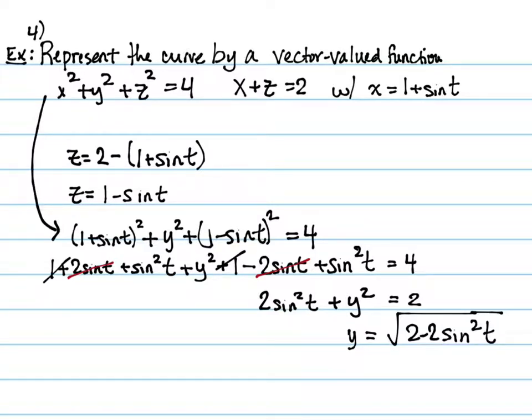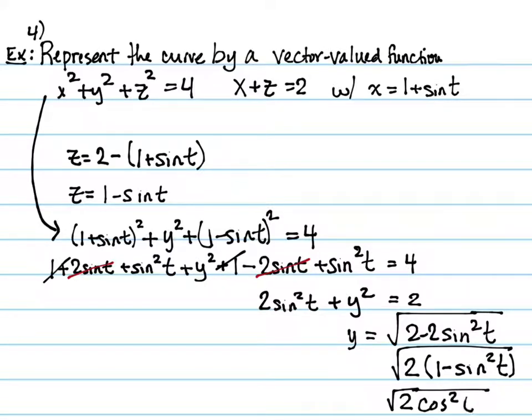Do you notice anything you could do? I can factor out a 2. 1 minus sine squared is cosine squared. So this is the square root of 2 times cosine squared of t, and if I take the square root of that, I will have a nicer, more condensed form.